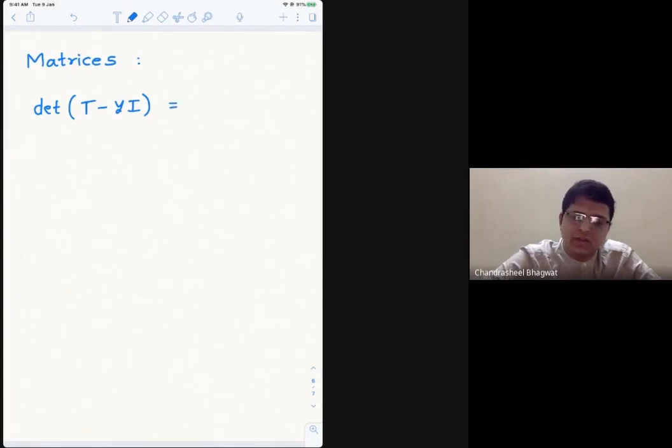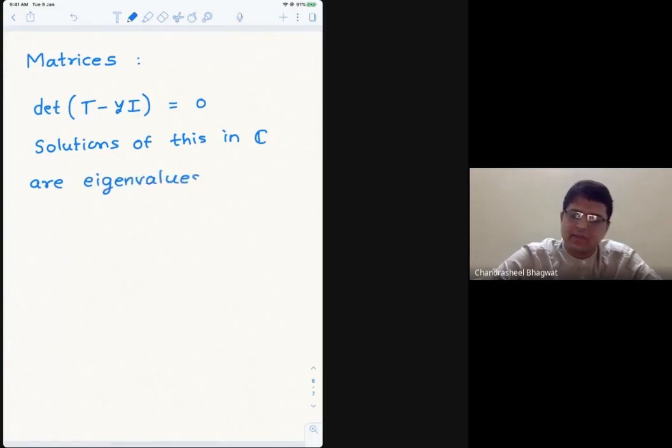You look at this equation and the solutions of this equation are called eigenvalues of T. And one can define the notion of spectrum of T as this set.